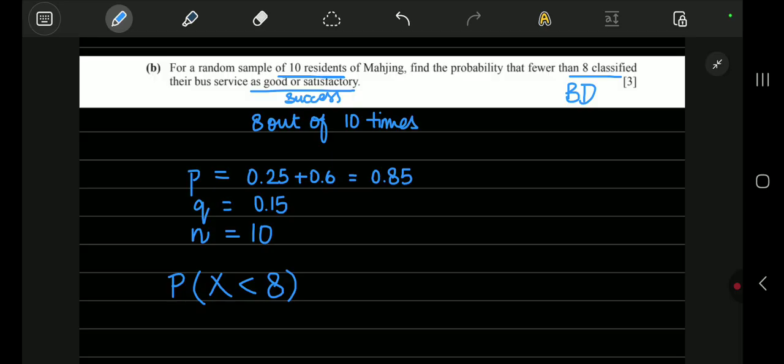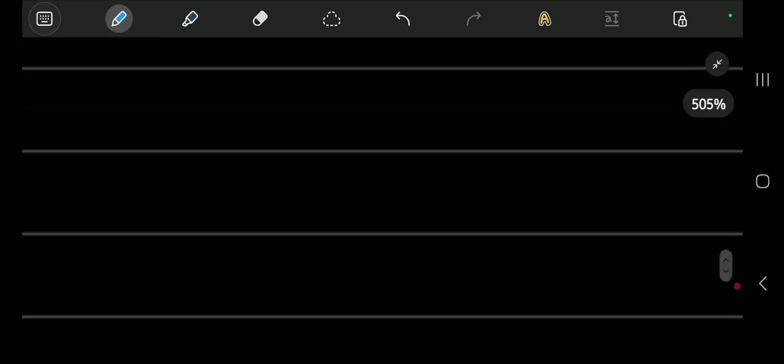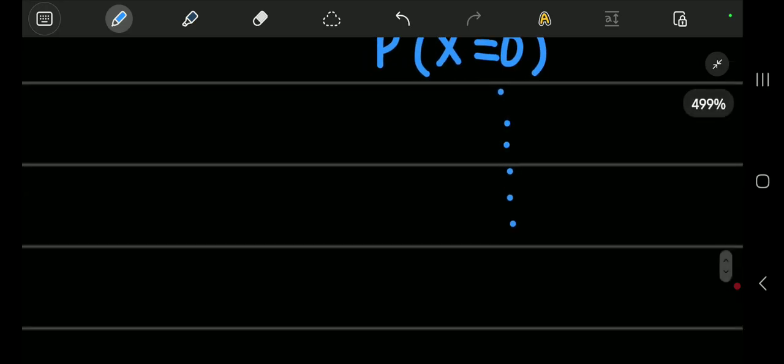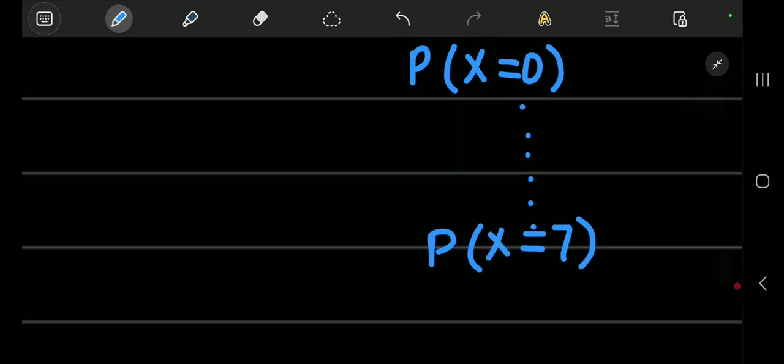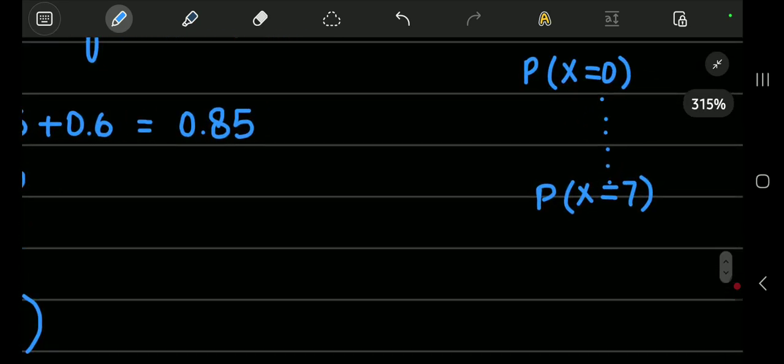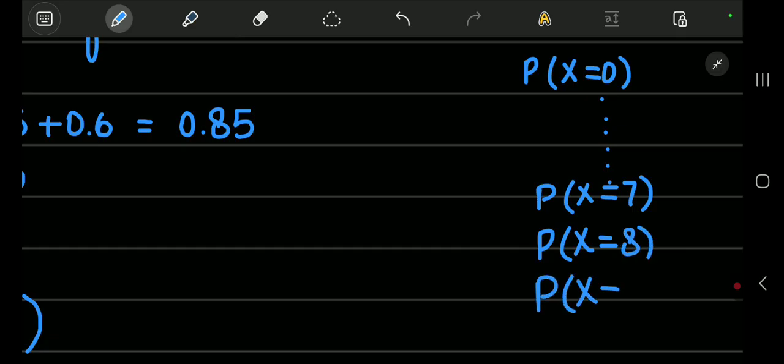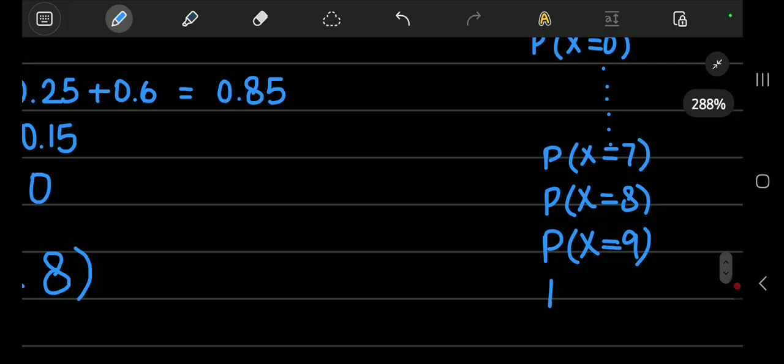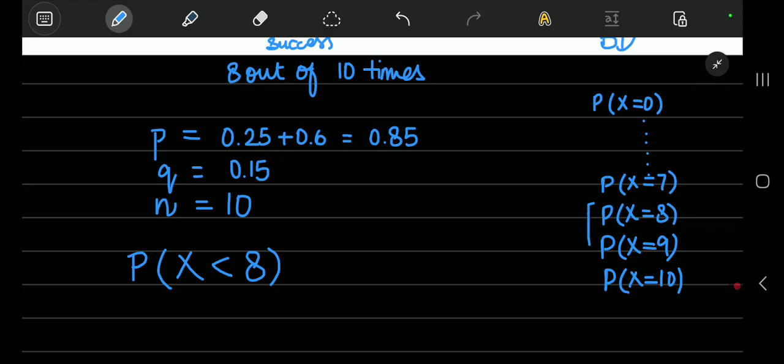In case of a binomial distribution, either we have to find the probability at x equals 0, because less than 8 means starting from x equals 0, 1, 2, 3, 4 till x equals 7. Or you can find the probability at x equals 8, x equals 9, x equals 10, and subtract these three from 1.